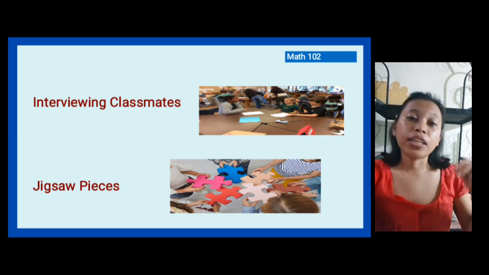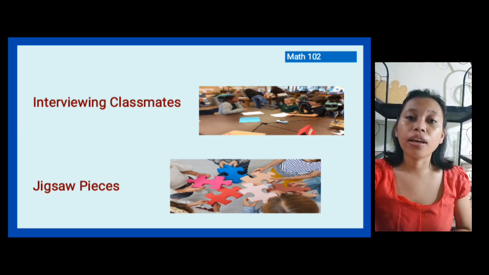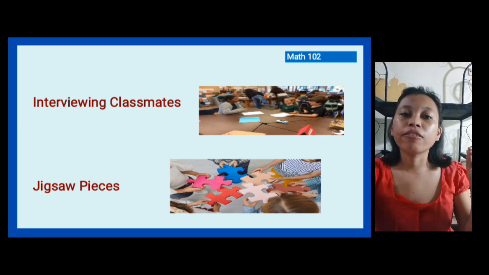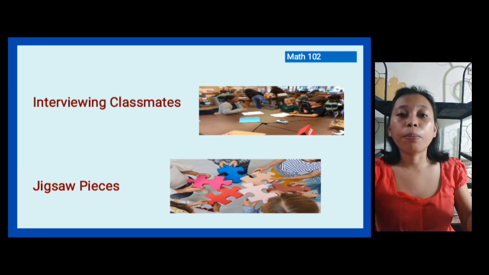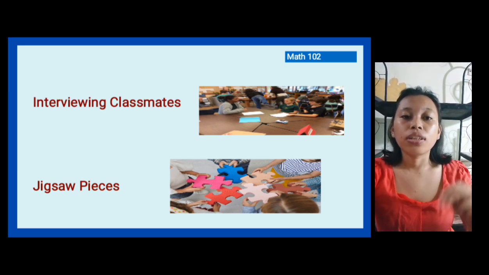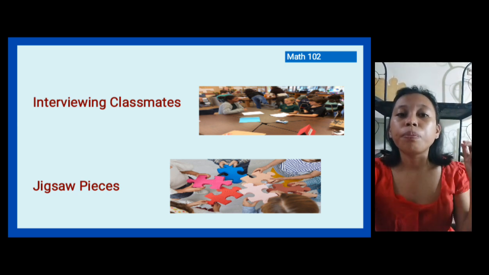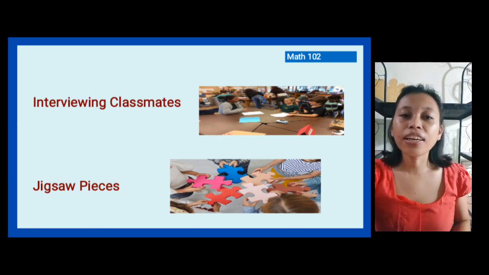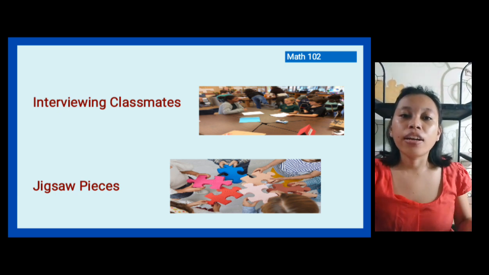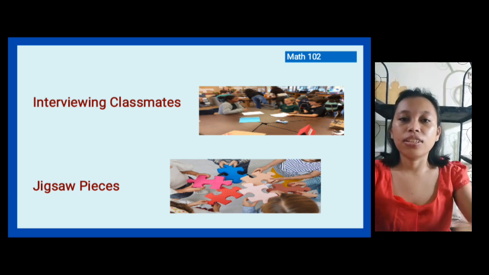All of the research pieces are then put together by the group, and you might also consider having each student paraphrase their classmates' research to strengthen understanding. That's the jigsaw pieces. Those are the types of cooperative learning strategies.